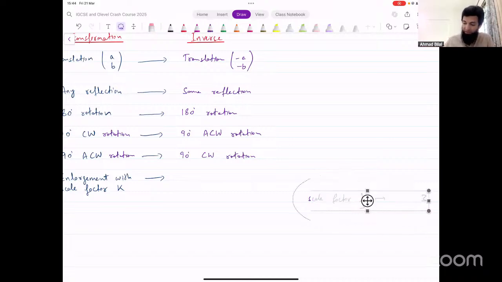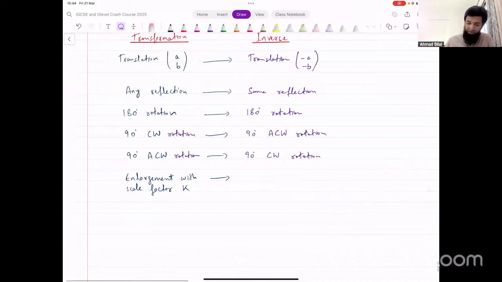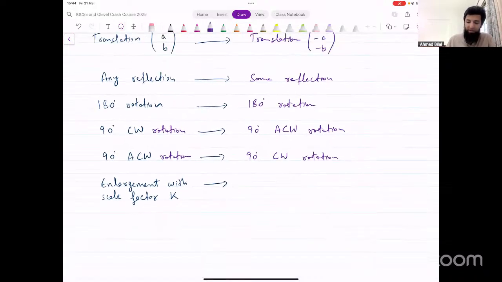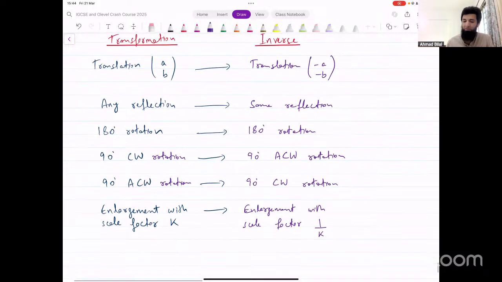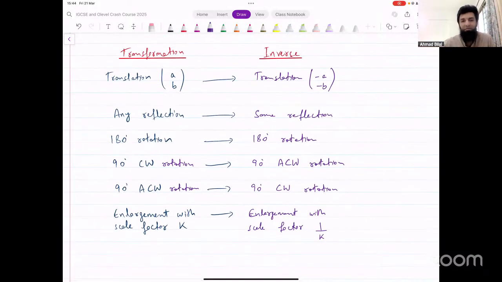So in general, if you have an enlargement with scale factor k, its inverse would be an enlargement with scale factor 1/k. Okay, just take the reciprocal of that, and that gives you the result. Okay, that is the inverse enlargement, inverse transformation.